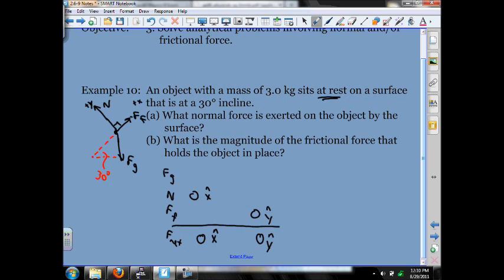If it's not speeding up or slowing down, acceleration would be zero. Therefore, net force would be zero. Acceleration times mass gives us force. One zero, the other zero. So constant velocity, we would also have x and y components of zero. If it's accelerating, we'll take a look at one like that. All right. So everybody okay before we build in our zeros?